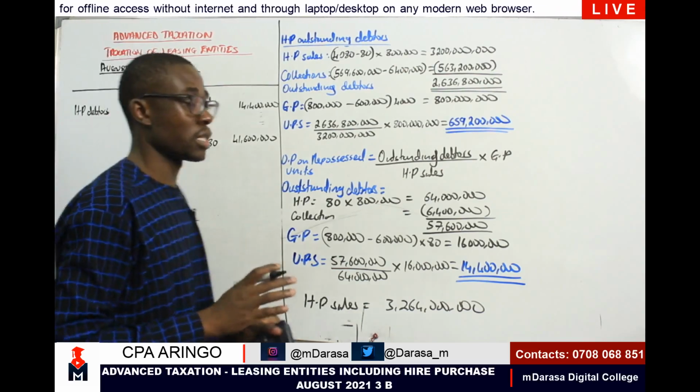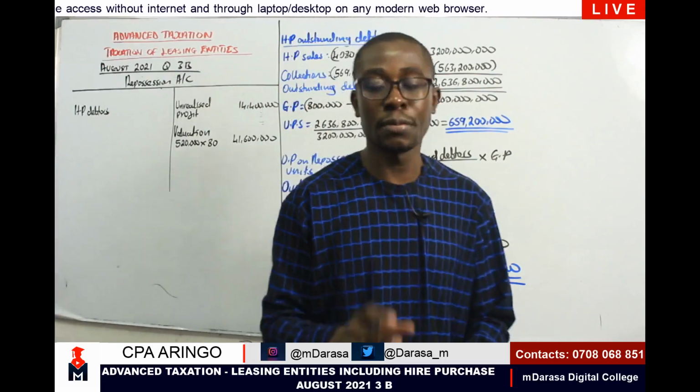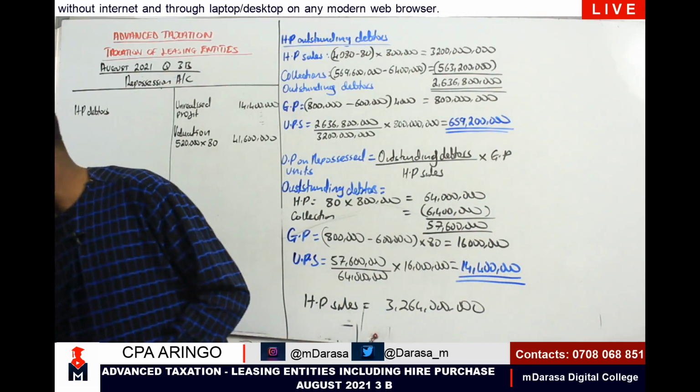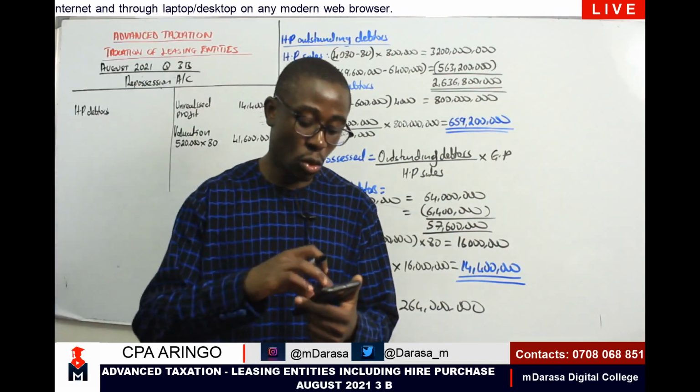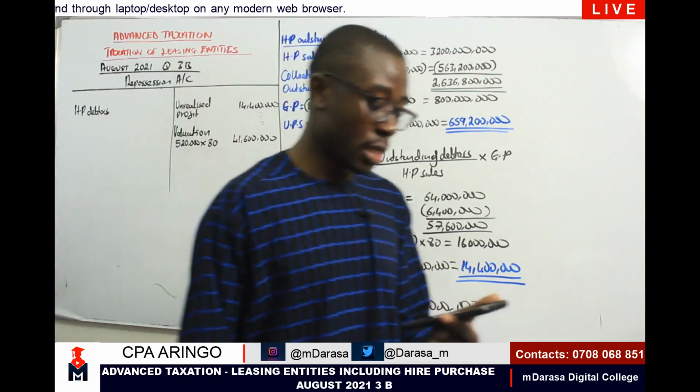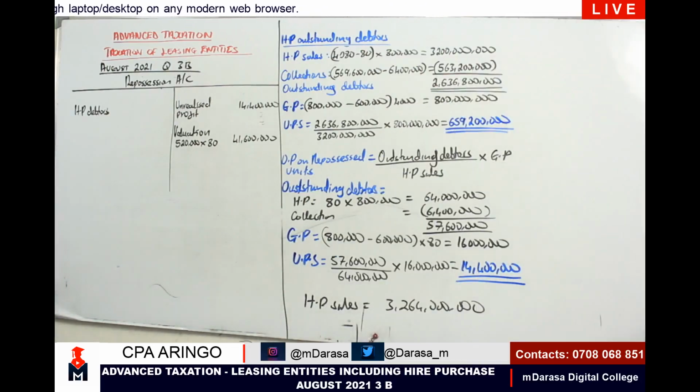Remember the hire purchase debtors, we are talking about the aspect of the unrealized, because our concentration is only on unrealized. So what were we given as our hire purchase debtors?